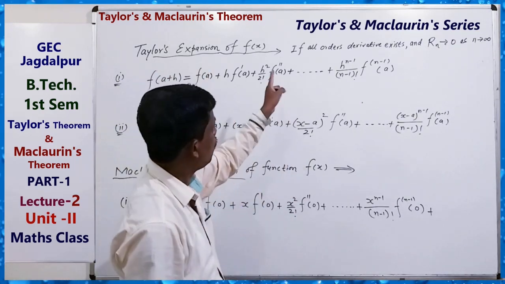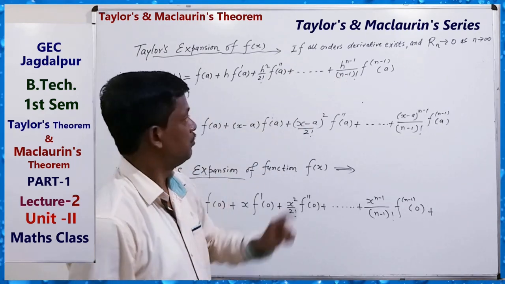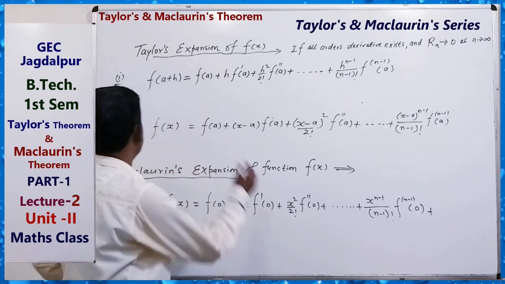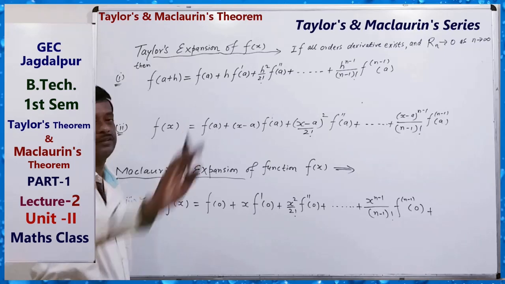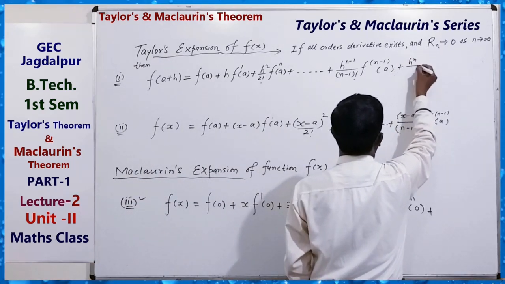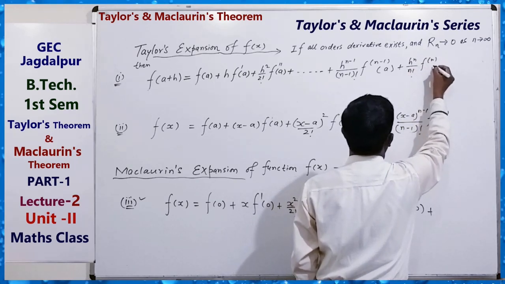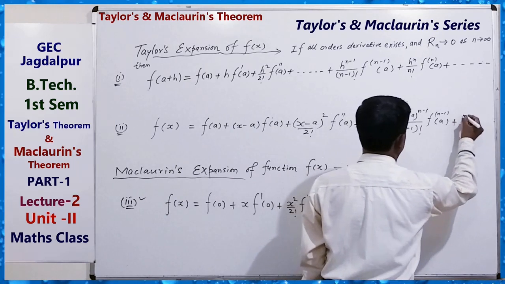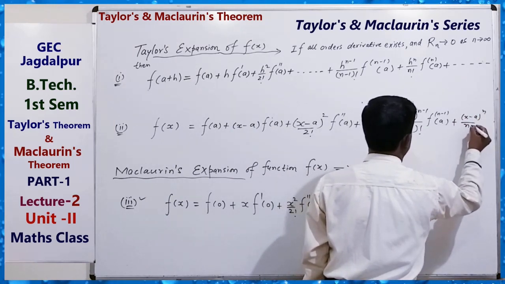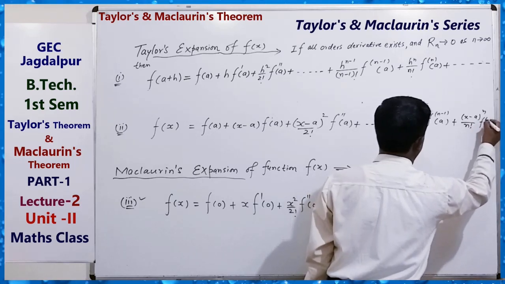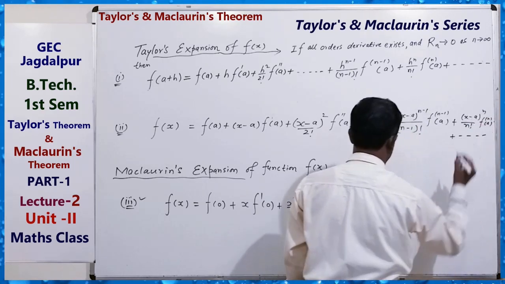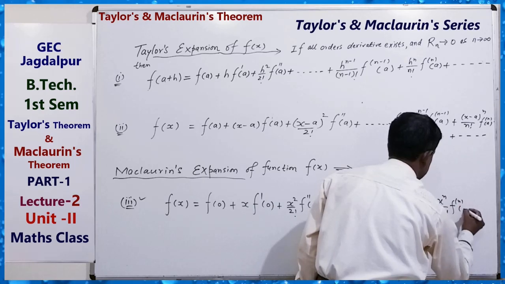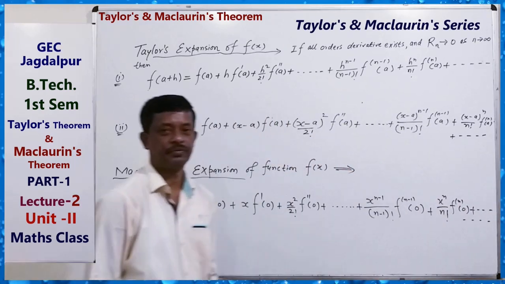Taylor's expansion of f(x), if derivatives of all orders exist and Rn tends to 0 as n tends to infinity, then we can write in a similar way, the sum of (x minus a) to the power n upon n factorial f^n(a), as an infinite series. Here also, the sum to infinity of x to the power n upon n factorial f^n(0). Just this. Here also.